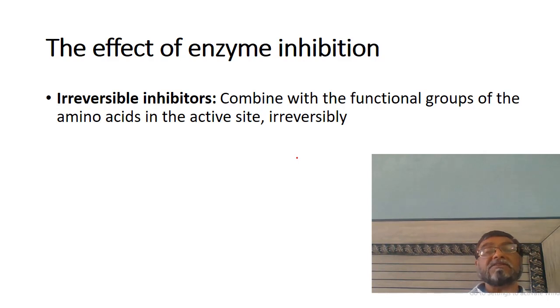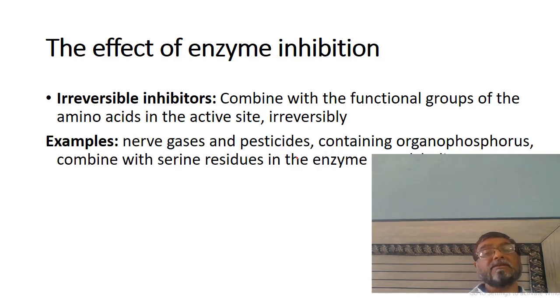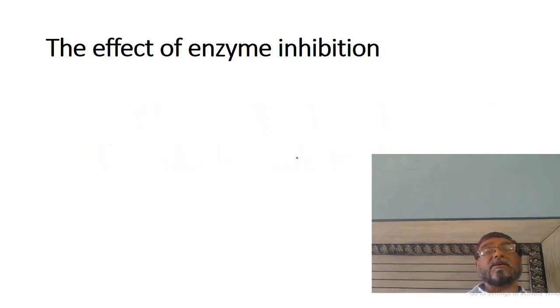There are also irreversible inhibitors that combine with the functional group of an amino acid in the active site irreversibly. Examples are nerve gases, pesticides, and organophosphorus compounds.